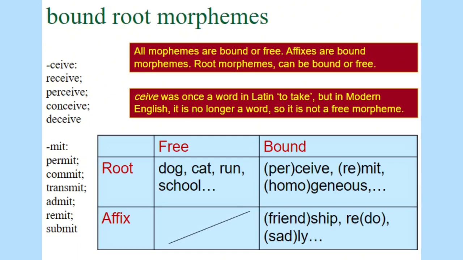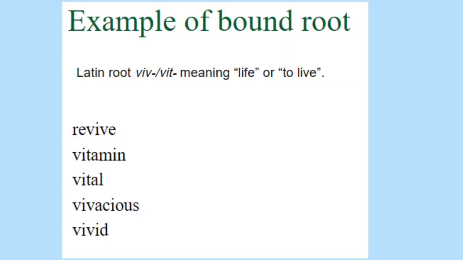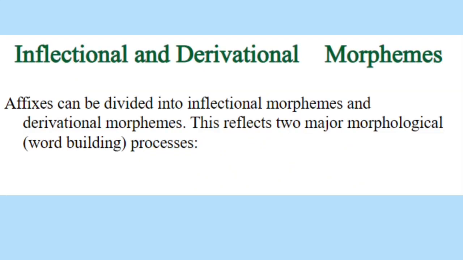I have given 2-3 examples for your reference below. You can go through this. Now coming to examples for bound root. Latin root, suppose viv or vit, meaning life or to live. So revive, vitamin, vital, vivacious, vivid all have a central meaning related to life.